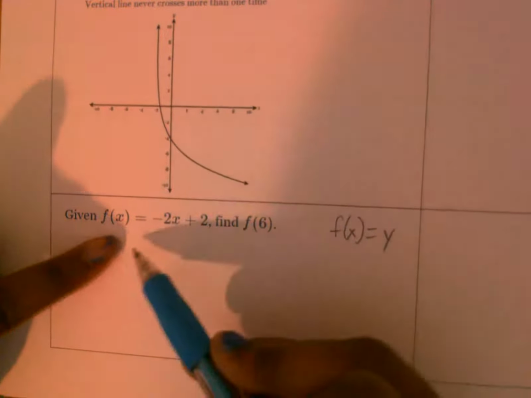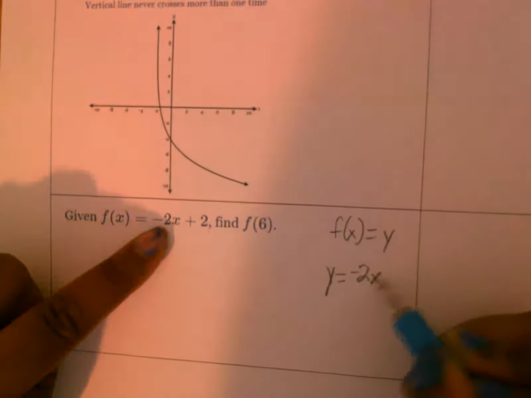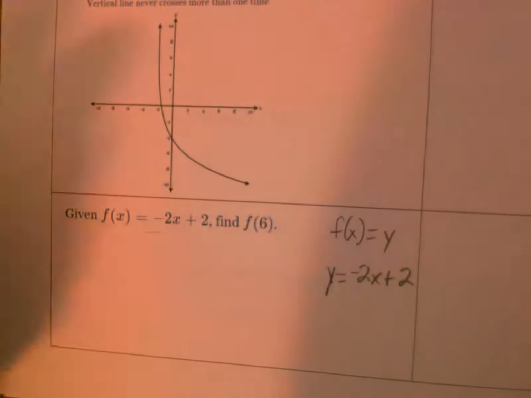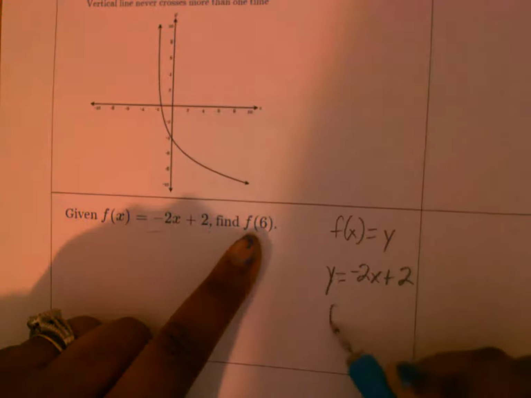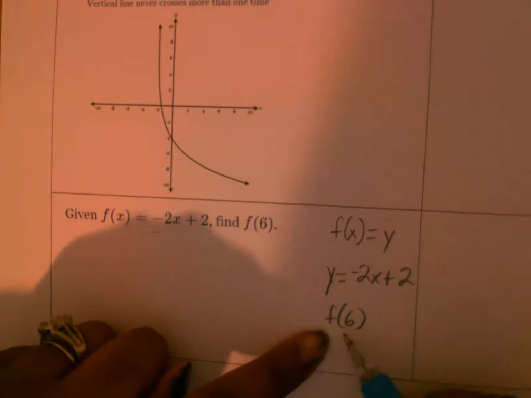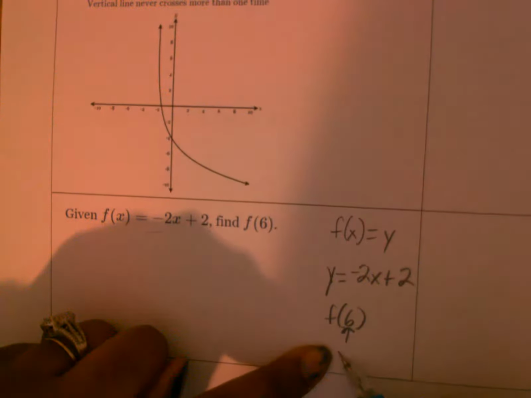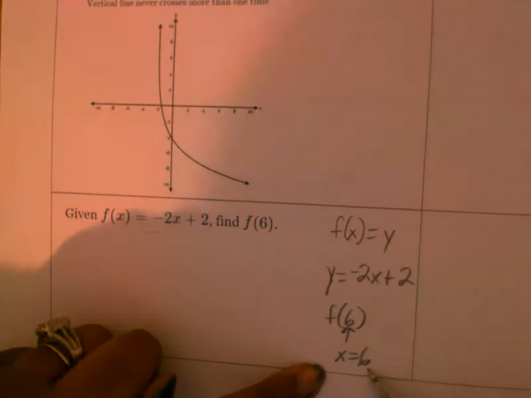So another way to write this could be y is equal to negative 2x plus 2. That's another way to write this equation. Here, you have f of x, and it's saying f of 6. Since normally there's an x here, this is just telling you that x is equal to 6 now, because they have replaced x with 6.